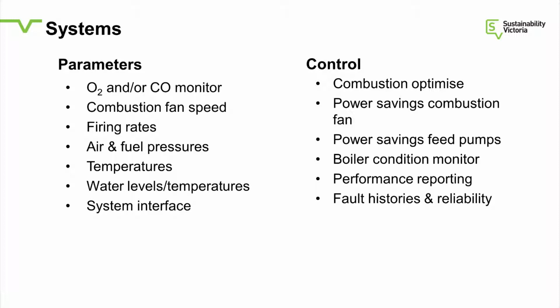Fault histories and reliability, as I say, is very important. If you can build up a data bank of why your boiler failed, why it tripped, then you've got more chance to diagnose it, let your people know, the contractors, know before they arrive at the site. A good example of that is if you've got a boiler in the country, you might be 2 or 3 hours away from your Type B contractor.